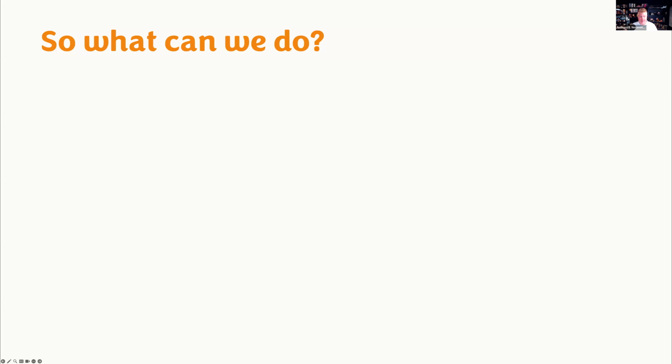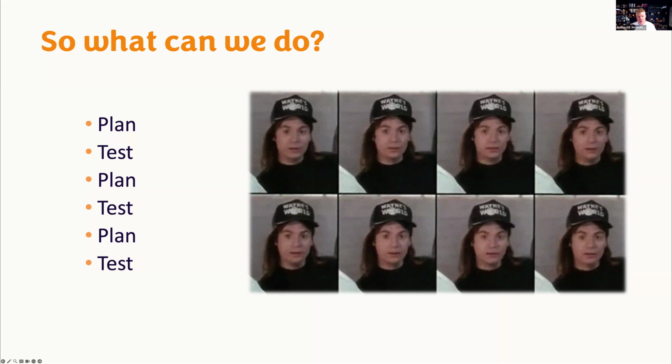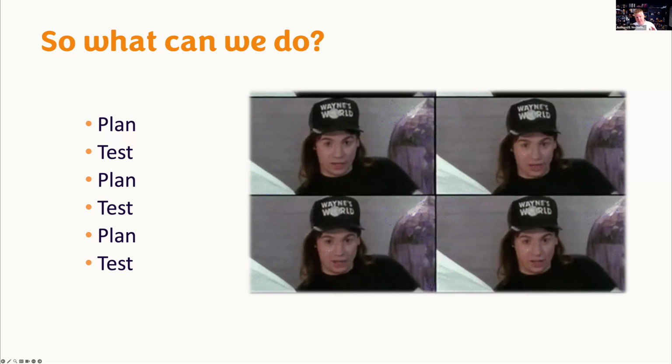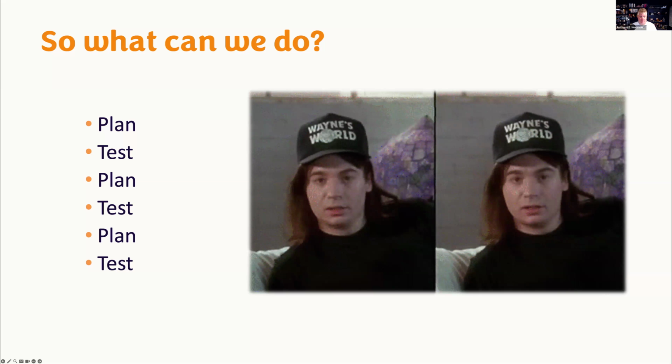Well, really, it comes down to two things: planning and testing. Continuing to plan and continuing to test in an iterative way is super important. I've seen multiple times where a HADR system goes into production with some assumptions about infrastructure.